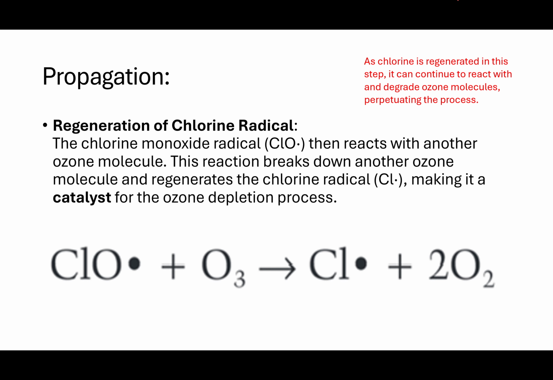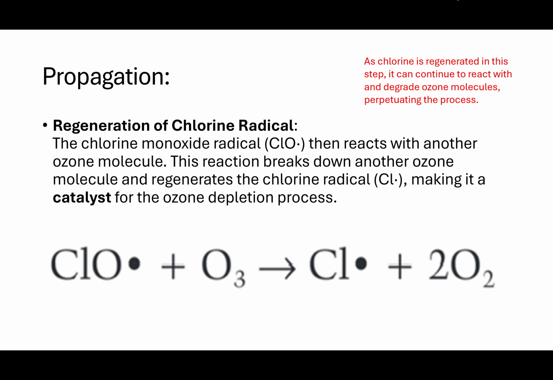In this case we have the chlorine monoxide radical, which then reacts with another ozone molecule. This reaction breaks down another ozone molecule and regenerates the chlorine radical, making it a catalyst for the ozone depletion process. We're seeing that the chlorine radical is a catalyst here. What is a catalyst? What characteristic of a catalyst is displayed here? Lovely, it remains chemically unchanged at the end of the reaction.